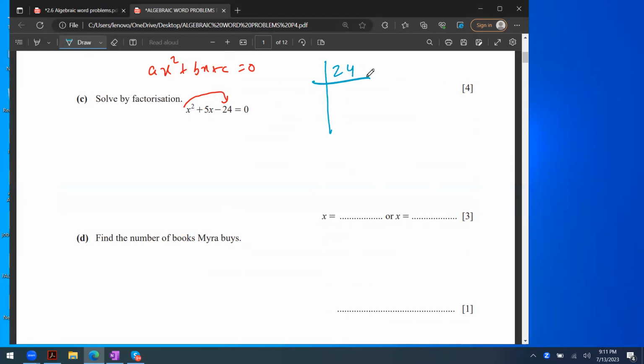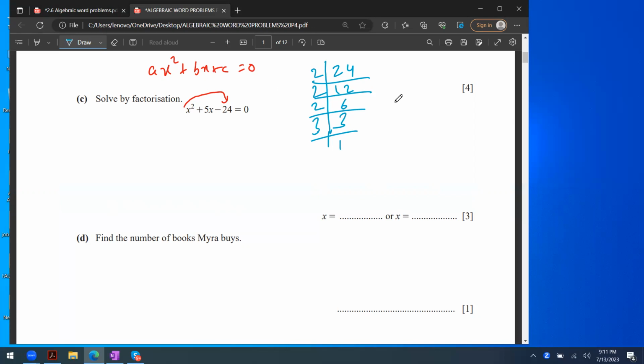Do the prime factorization. 2 1s are 2, 2 2s are 4, 6, 2, 3, 3, 1. Now you need to make the combination such that you get 5x when you add them. All right. And when you multiply, you get minus 24x squared. Okay. So make different combinations.